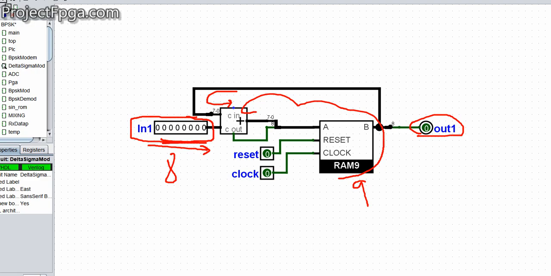So at this point, what you have at the output of this adder is 8 bits, because the input is 8 bits, and what is coming here is also 8 bits, because the 9th bit has been taken out.